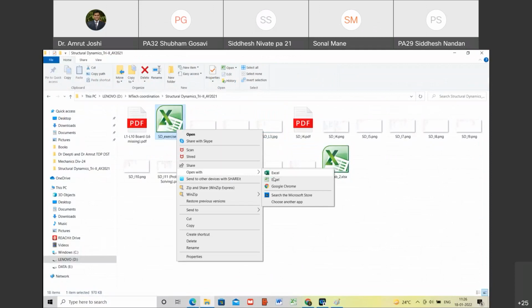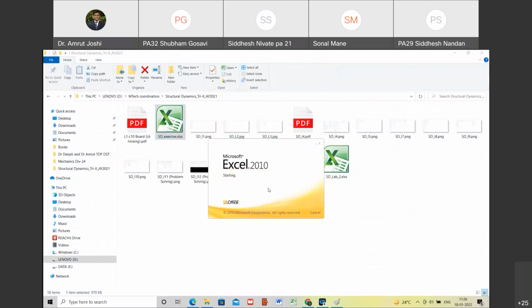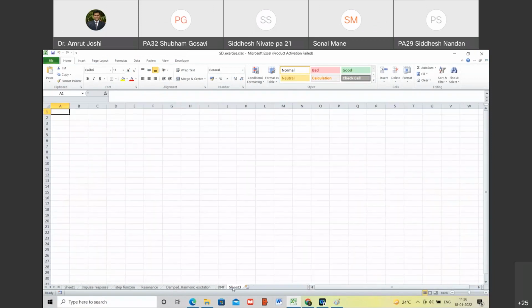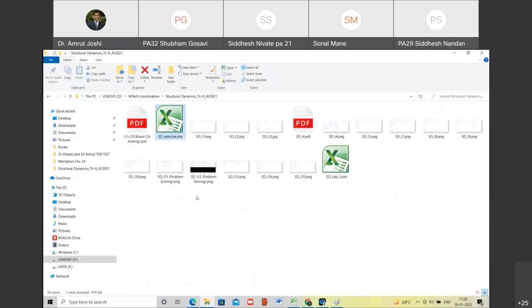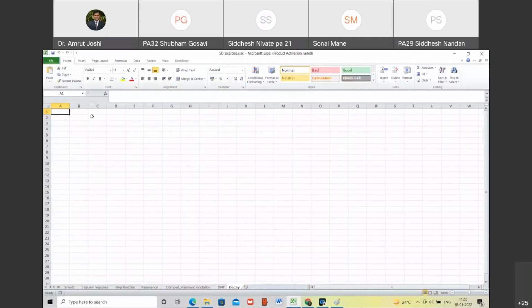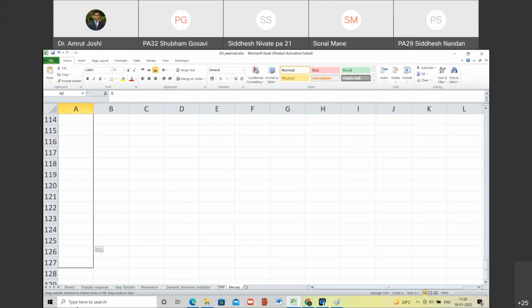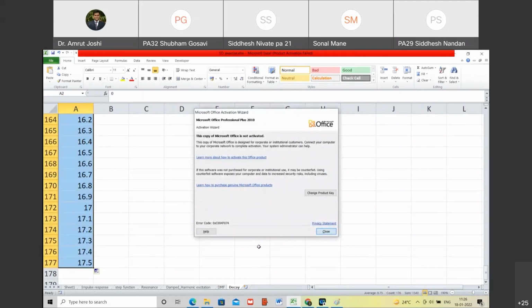Let us create a new sheet here and call it dk, with values of t: 0, then 0.1, in increments of 0.1, up to 17 seconds.